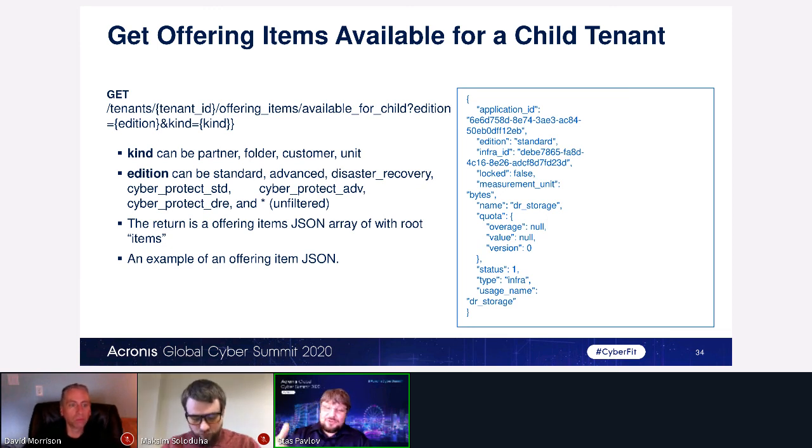Or you can automatically create a universal provisioning system that always asks regarding all available offering items, filters them out somehow, and then provisions using the received JSON. How does it look? You just call a specific endpoint where you ask what offering items are available for specific editions or for all editions, and then provision it.